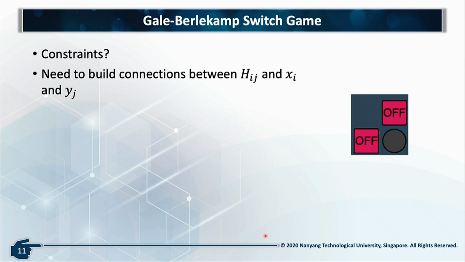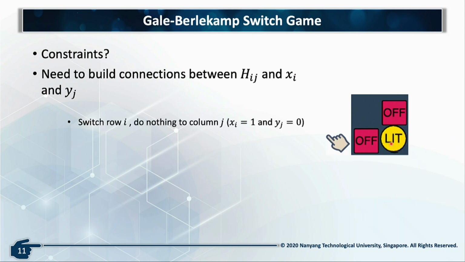Okay, very good. So then we try to use another example to illustrate the rationale behind. So suppose I have a light that is initially off in this cell, okay? And then if you determine to switch row I and do nothing to this column J, this light will change to be on, which is initially off, now it's changed to on, right?